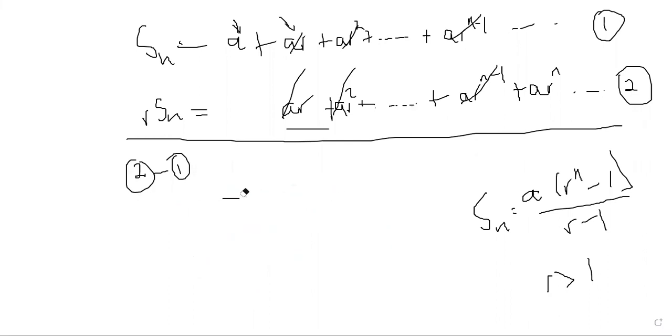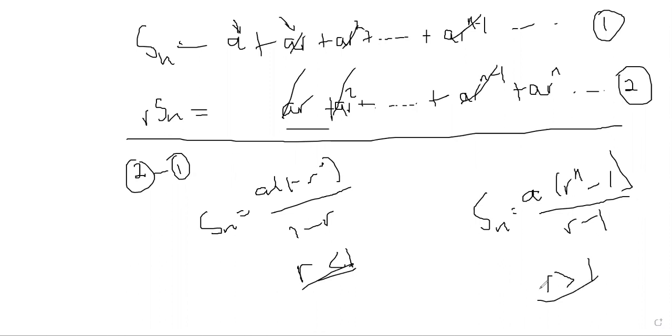So if we said 1 minus 2 instead of 2 minus 1, we would have Sn equal to A, 1 minus R to the power of n, all over 1 minus R. So this one you use only if your R is less than 1. If your R is greater than 1, you use this one. So both of them are geometric sums, right? I hope that makes sense, guys. I hope that makes sense and I'm not confusing you.